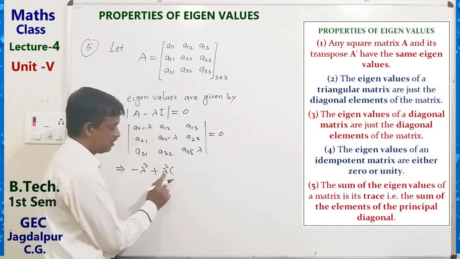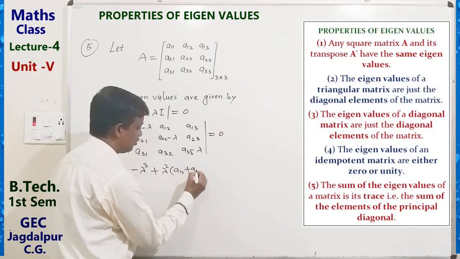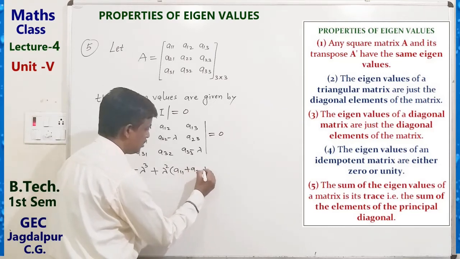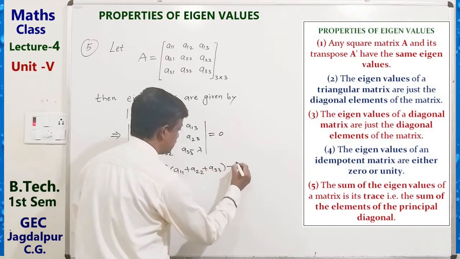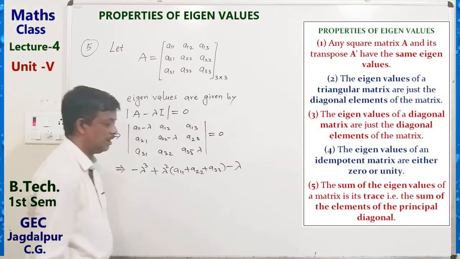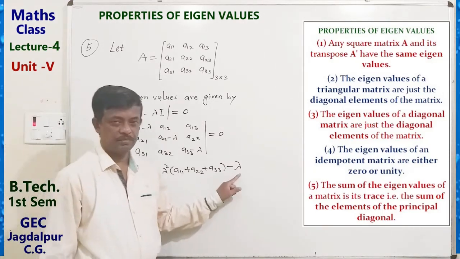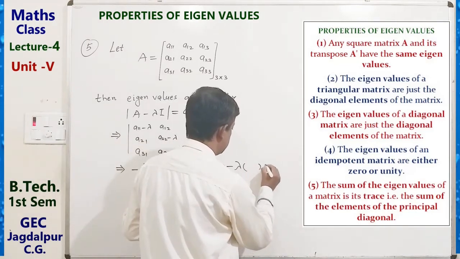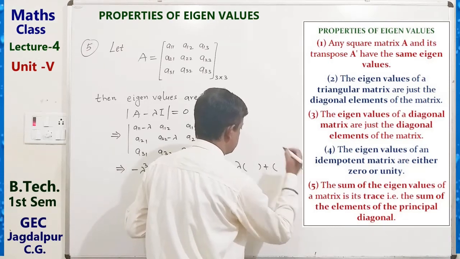So we can see here the lambda square coefficient involves A11, A22, A33, then minus lambda cube, lambda square, lambda, and finally the constant term equals 0.